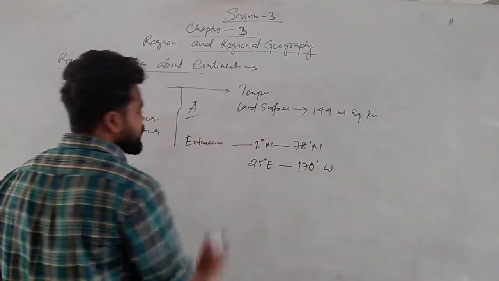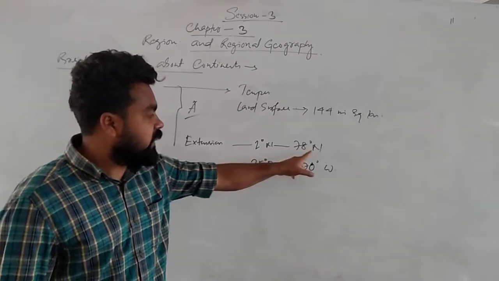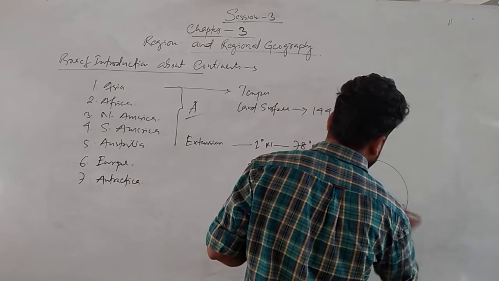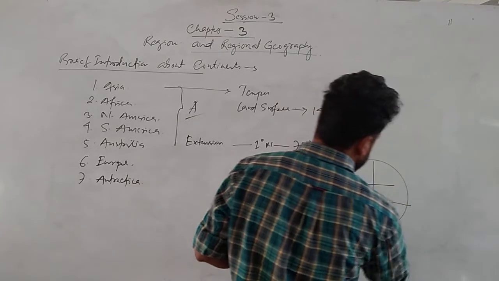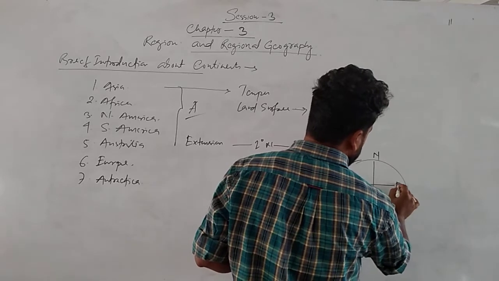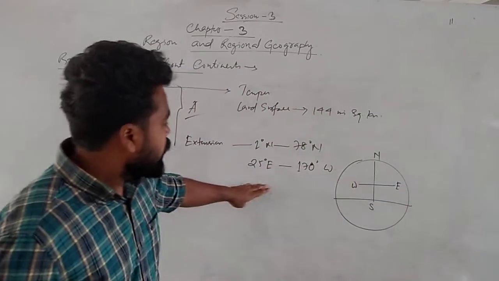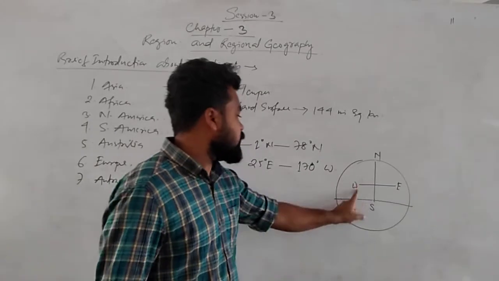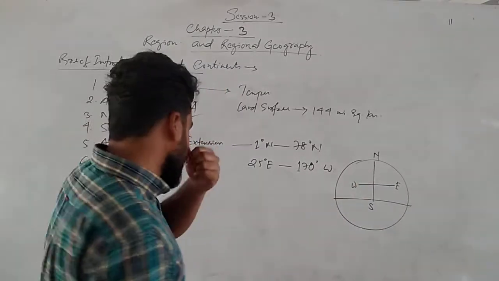So this is the extension. North and south, west and east. North to south from 1 degree north to 78 degree north, and 25 degrees east to 170 degrees west, Asia is extended.